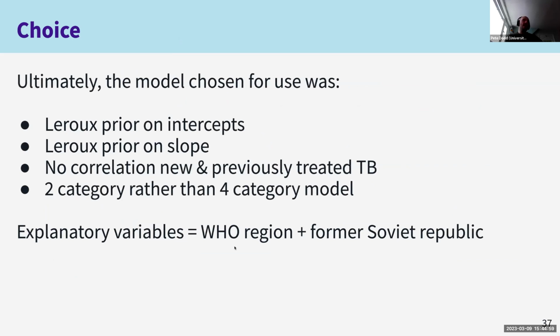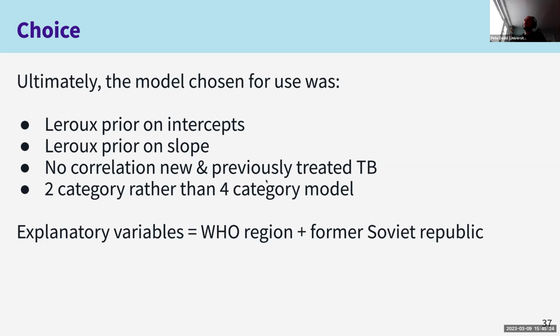So ultimately, and this was based on an update applied to the most recent production data, and taking into account some of the suggestions from the task force meeting, we ended up using a model that was Leroux on the prior, Leroux on slopes for modeling the random effects, but did not include correlation between new and previously treated TB.